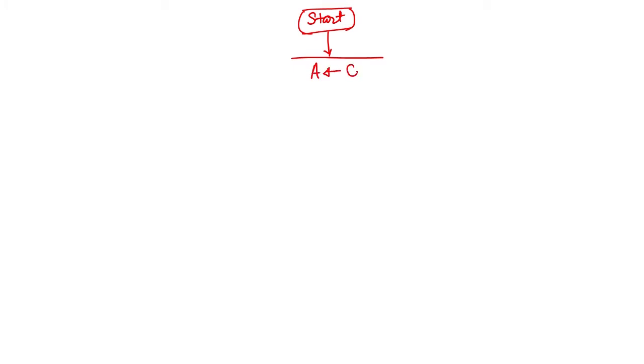A is 0, M is the divisor and Q is the dividend, and count is the number of bits.